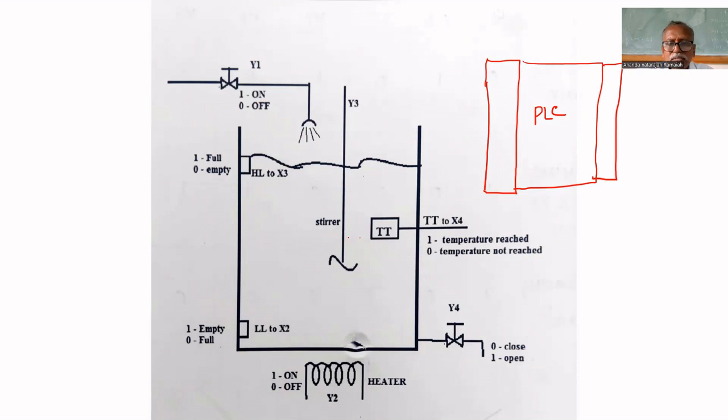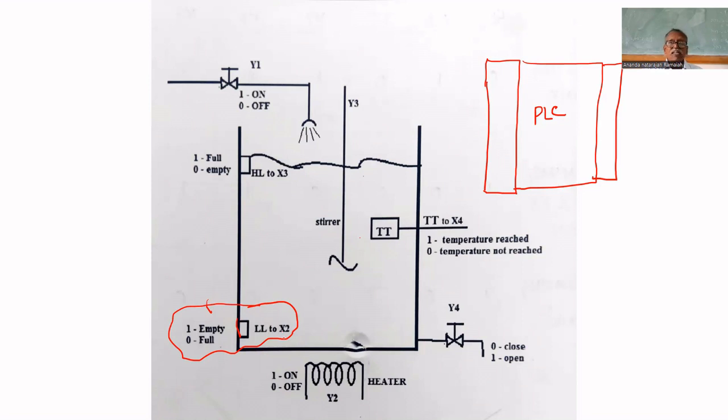What all inputs? The tank must be empty first. Then only you can fill. If it is already filled, why would you open the inlet valve? Therefore, to indicate whether the tank is empty or not, one proximity switch will be there.